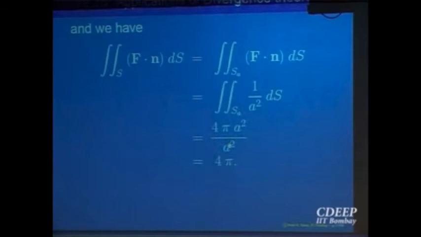Like in Green's theorem, it came out to be 2 pi, so that is something similar. Essentially, whatever was true for Green's theorem, a similar analysis can be done using the divergence theorem from 2 dimensions to 3 dimensions, and similar applications are there.